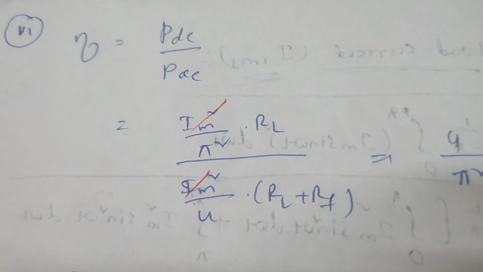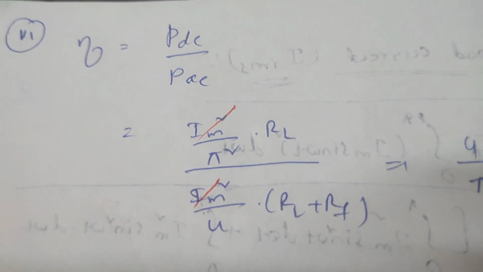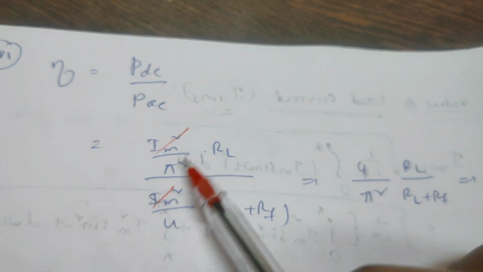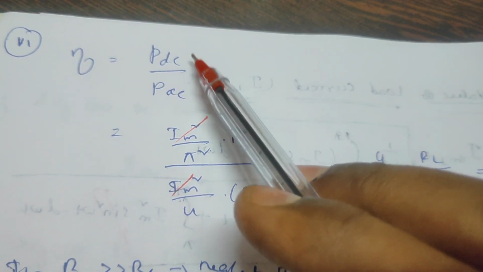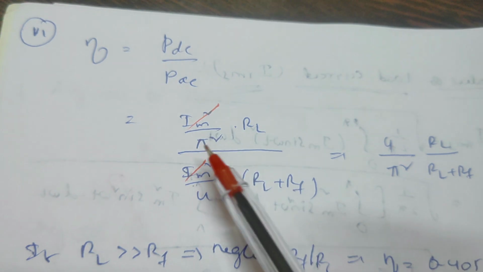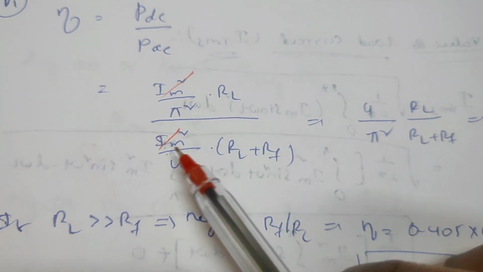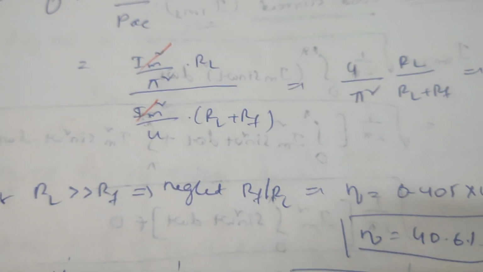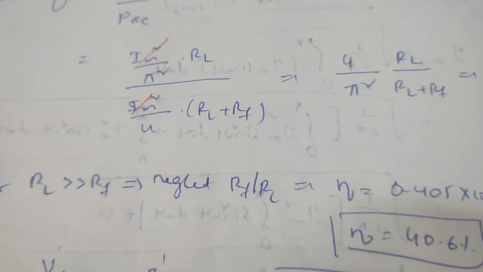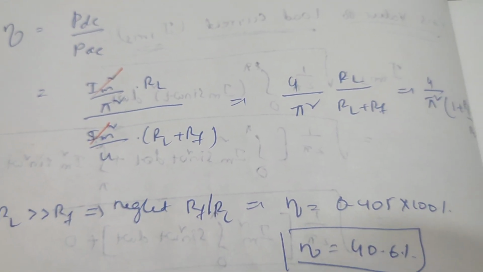The next term is the efficiency. The efficiency of a rectifier is the output by input value. Here the output is DC power and the input is AC power, so it is PDC by PAC. We just solved this: PDC is Im square by pi square into RL, and PAC is Im square by 4 into RL plus RF. Upon simplifying, we get eta equal to 4 by pi square into RL by RL plus RF.